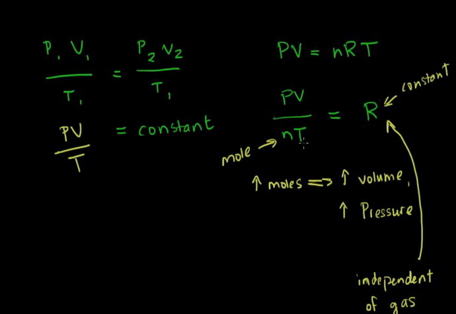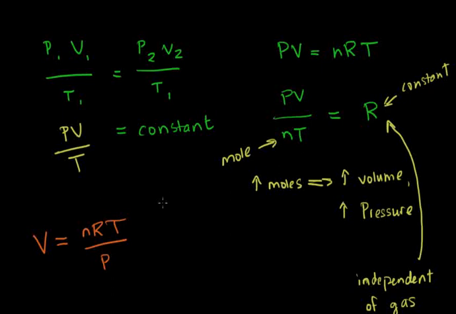An interesting analysis that we can do on the ideal gas law to further this idea that identity is not important is to isolate V. So let's look at how V varies. We're just going to divide both sides by P. V is equal to nRT over pressure.